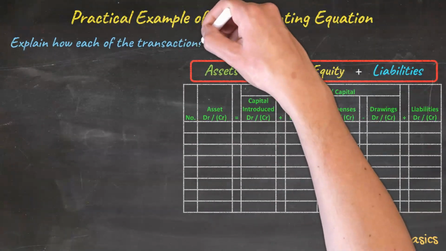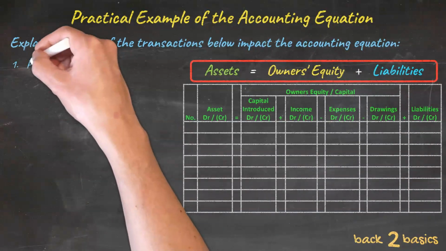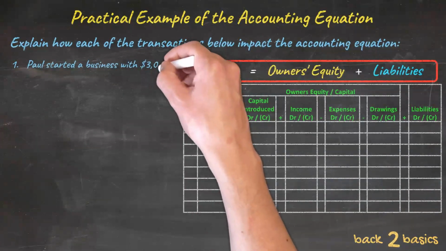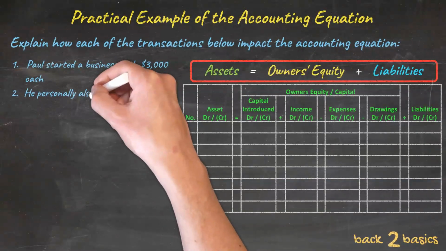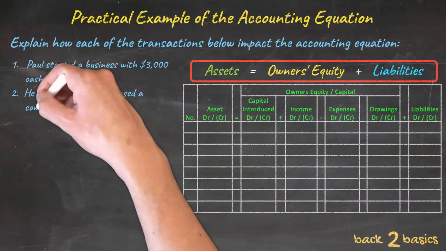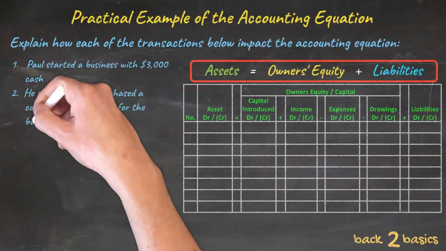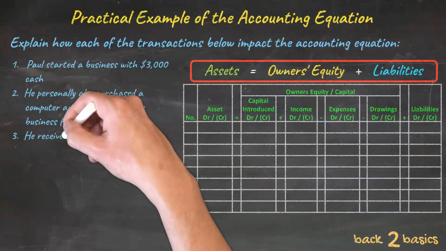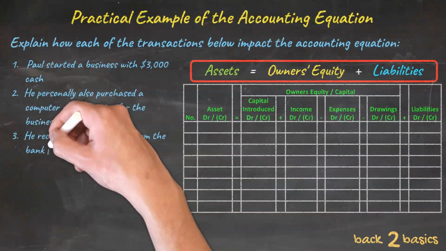Explain how each of the transactions below impact the accounting equation. 1. Paul started a business with $3,000 cash. 2. He personally also purchased a computer and a printer for the business for $1,500. 3. He received a business loan from the bank for $15,000. 4.